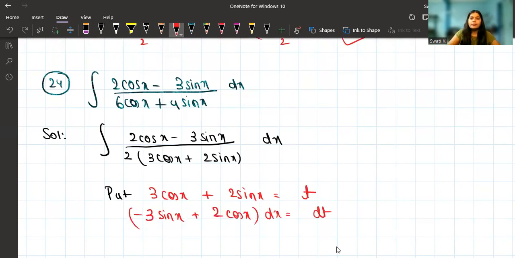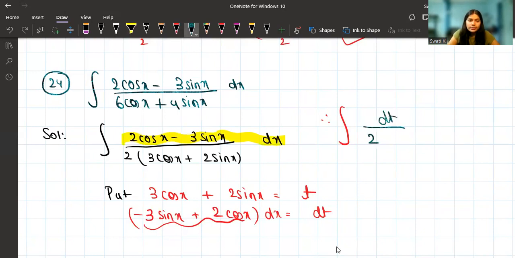Now, this is very simple. You can clearly see that whatever you are having here in the numerator, 2 cos x minus 3 sin x, for this particular term we can substitute this as dt upon 2 as it is, and this is t.